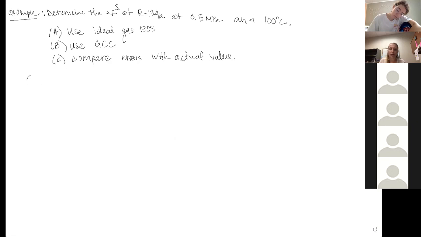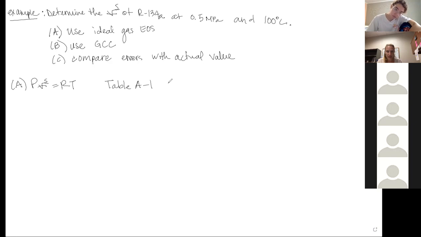All right, so for part A, we're going to use the ideal gas equation of state, which is just PV equals RT. I've hidden the mass term inside the specific volume. And using table A1, or I think it's also on the last page of your book, you can look up the specific gas constant for each of these different gases.